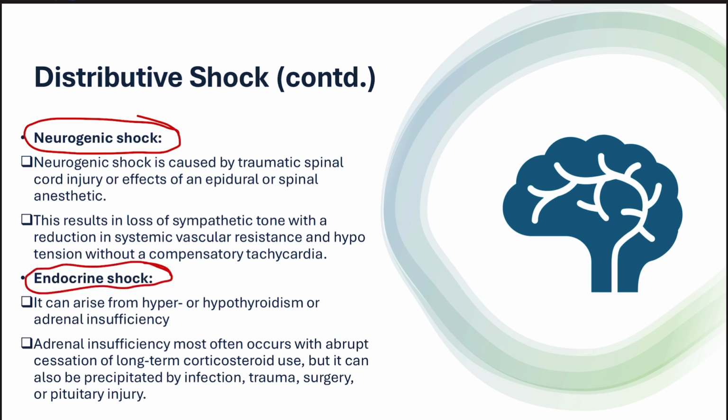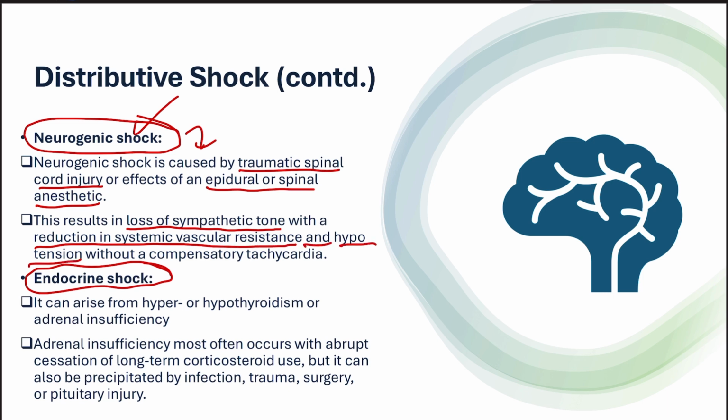Neurogenic shock is caused by traumatic spinal cord injury. It can also occur during epidural or spinal anesthesia, because there can be injury to the spinal cord, and as a result that can also lead to neurogenic shock. The result of neurogenic shock is the loss of sympathetic tone. As a result, there will be reduction in the systemic vascular resistance, and hence hypotension will occur.